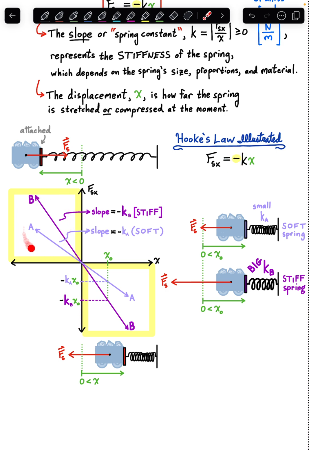Over in this quadrant, that would be represented by a picture like this one, where, say, the spring is attached to the cart, maybe magnetically clamped onto it or glued onto it. It's attached to the cart. The displacement of the spring is negative here. See, the spring is displaced to the left of its equilibrium position, or its position where it's at its natural length. So the displacement is negative, but the spring is going to be pulling on the cart to the right, pulling in the positive direction.